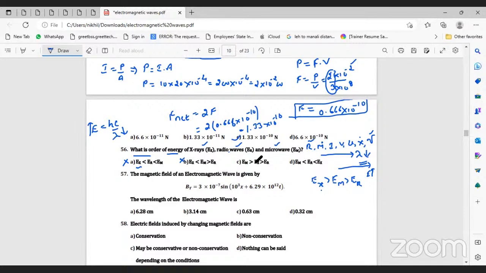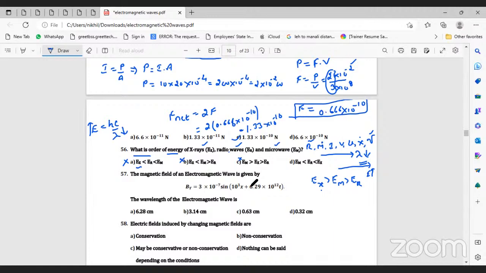So, energy of microwave is more than X-ray? No, no. So the options are wrong here.